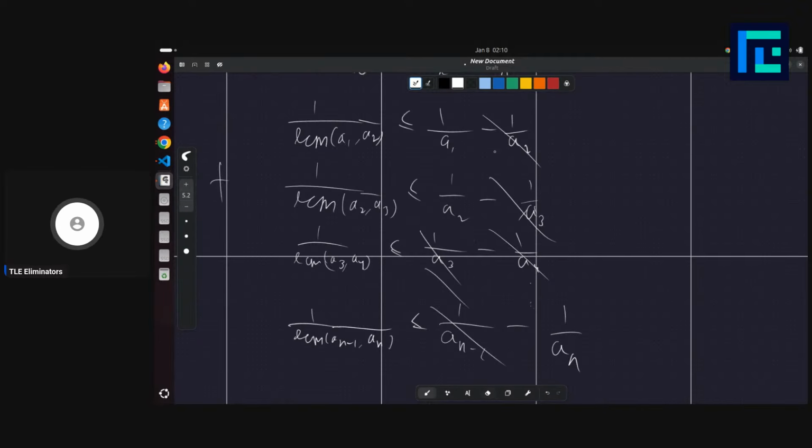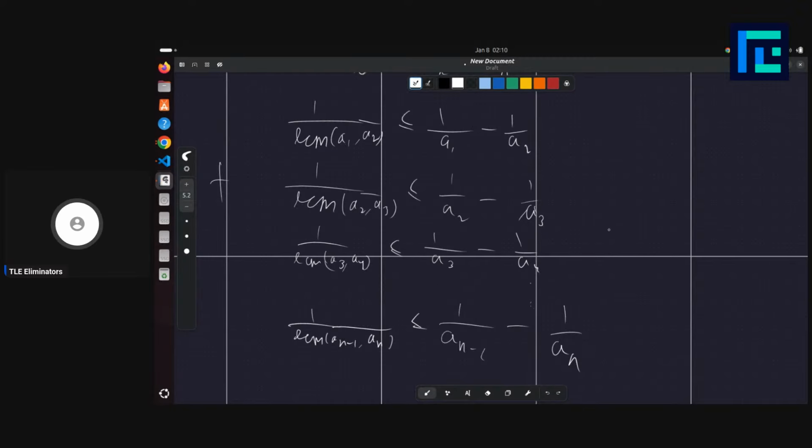And I showed you that this quantity is less than equal to 1 upon a1 minus 1 upon a2, then this quantity is less than equal to 1 upon a2 minus 1 upon a3. So by this I proved that the sum is always less than equal to 1 upon a1 minus 1 upon an.